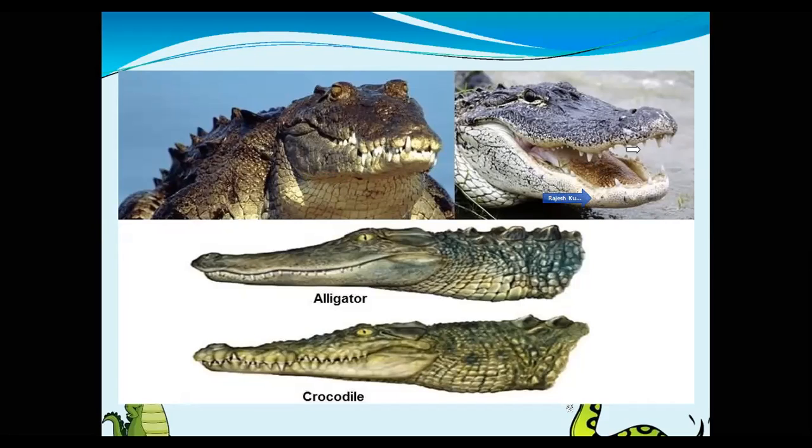And this crocodile has a little bit flat snout, and the skin is a little bit rough. And look at the teeth, very big, strong teeth. These are a few examples, a few differences between alligator and crocodile.